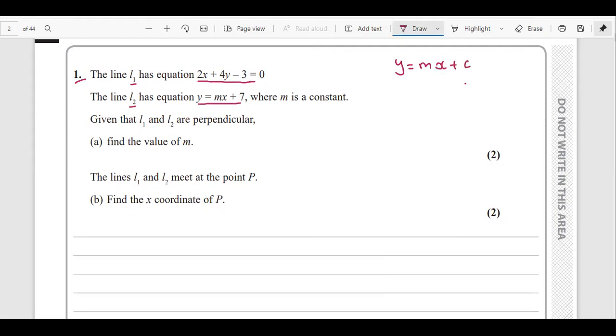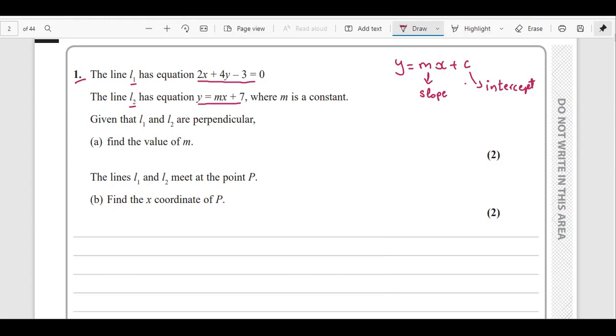I'm just telling you, so before reading the question we know the background, right? And this is the slope of that line, and this is the intercept, the y-intercept particularly. Okay. Are you familiar with this? Yes, yes.